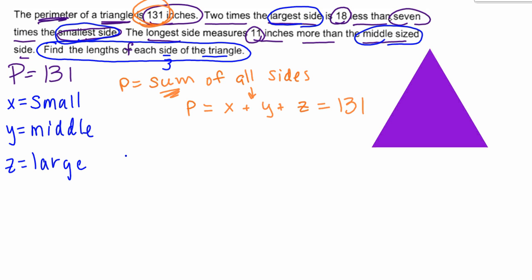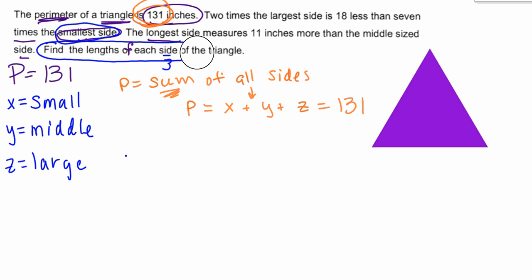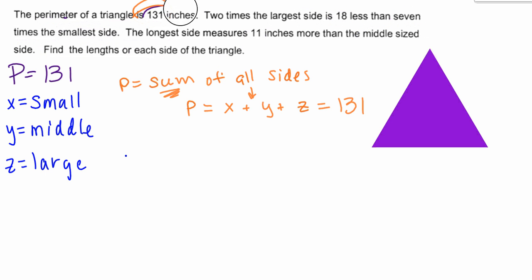So what I'm actually going to do is erase these because I'm going to show you a trick to story problems. You can actually translate this almost word for word. So watch: 2, times, the largest side, oh wait, that was Z, put a little Z in there, equals 18 less than, now you've got to be careful with less than, right?